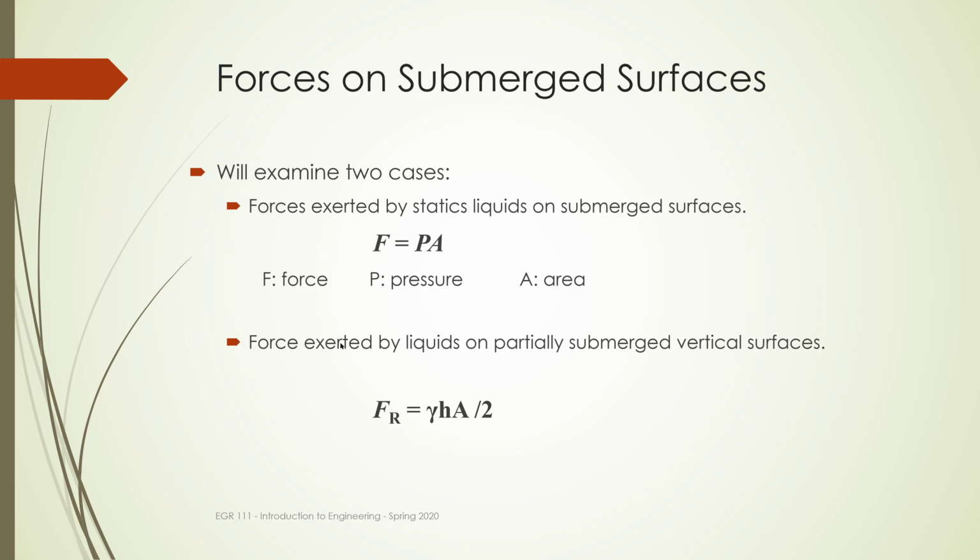Now, if it's a so-called partially submerged surface, like the face of a dam, where part of it is underneath the water, and you wanted to find the magnitude of the force acting on the surface of a dam holding back the water, you would have specific weight times h times the area divided by 2.